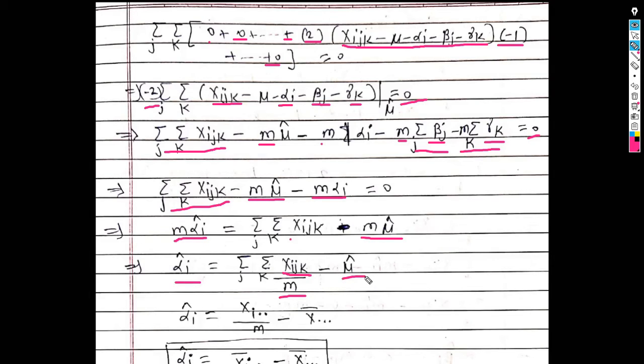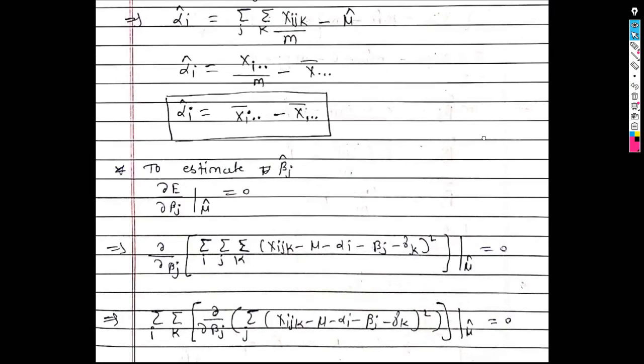We know that the estimate of mu is the grand mean, and when we take the summation over j and over k of xijk, we get the ith row total. So alpha i hat equals xi dot dot upon m, that is the ith row total upon m, minus the estimate of mu, the grand mean. So this term is nothing but the ith row mean.